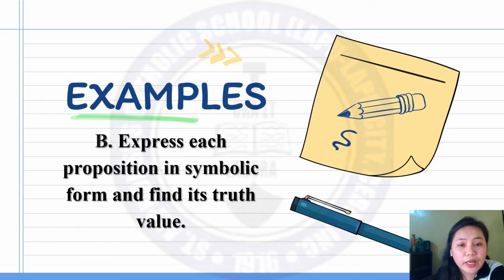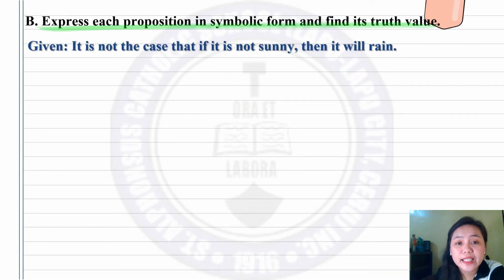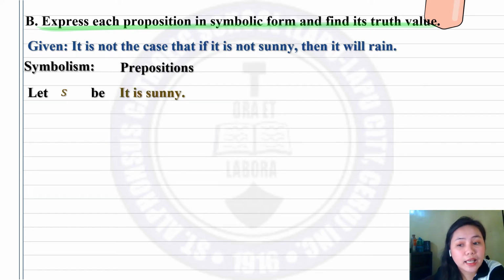Next, on the second side of our examples, we need to express each proposition into a symbolic form, and then we need to find its truth value. So, given, it is not the case that if it is not sunny, then it will rain. We then use the symbolism. We let S be the proposition it is sunny, then R be the proposition it will rain, then the negation of S be it is not sunny.